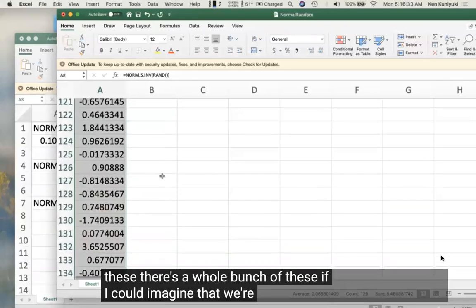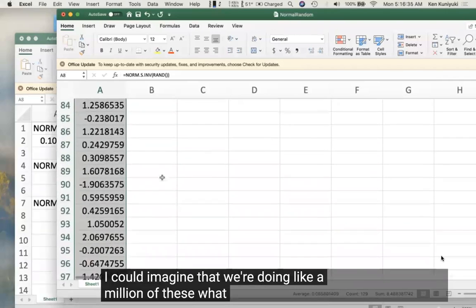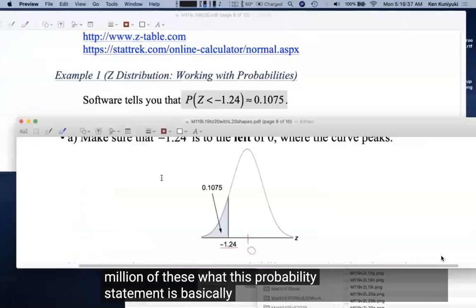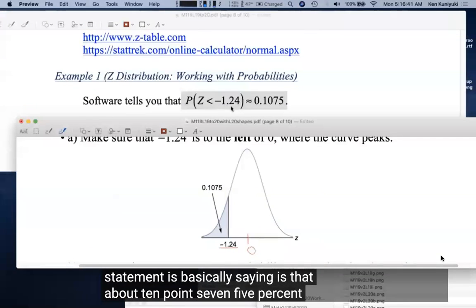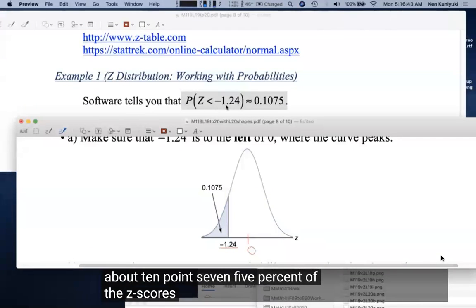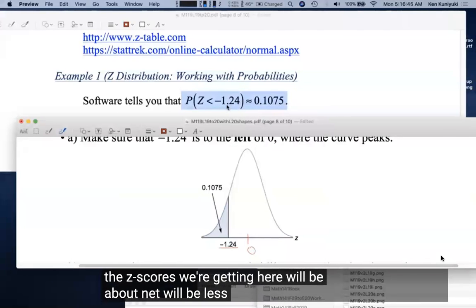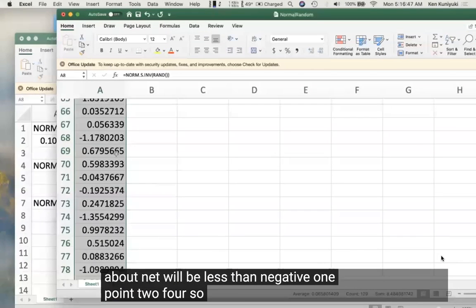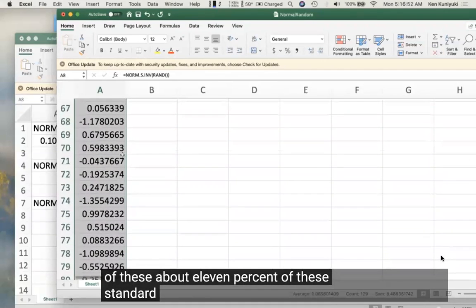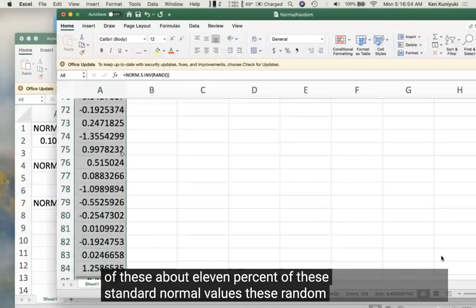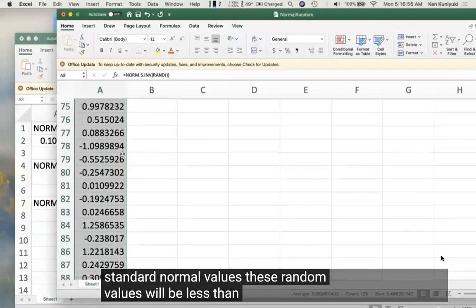In fact, imagine that we're doing like 1 million of these. What this probability statement is basically saying is that about 10.75% of the z-scores we're getting here will be less than negative 1.24. So about 11% of these random standard normal values will be less than negative 1.24.